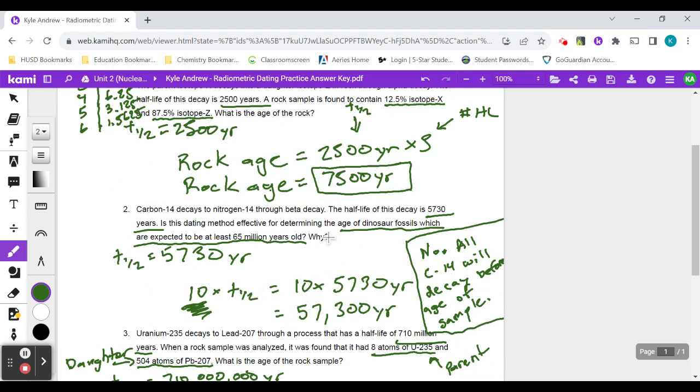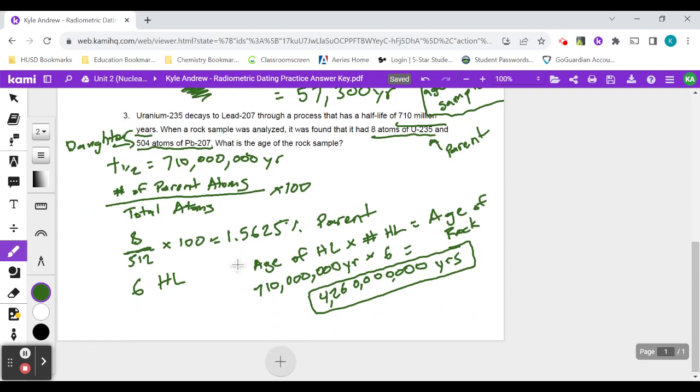The second one is more of a question and requires you to remember that 10 half-lives is the limit. And then this one right here, we need to know the relationship between the amount of parent and the amount of daughter atoms, and then calculate what percent of the parent is left over.